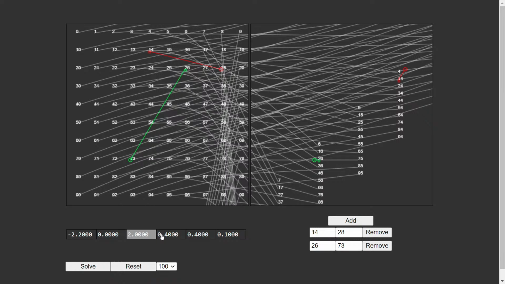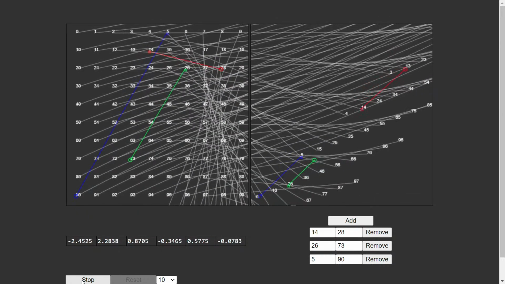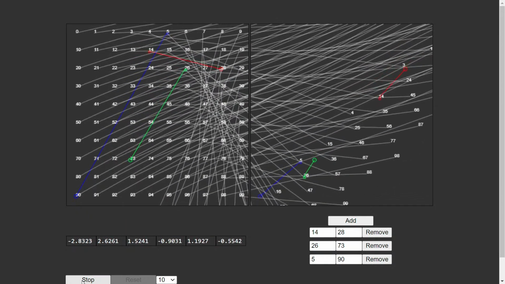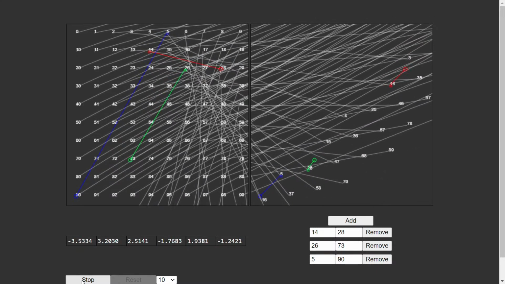Yeah, so just eyeballing this, it looks like if you say, hey, what about if 5 has to go anywhere else? Won't that mess it up? Let's say 5 has to go to 90. And solve that. Oh, it solved it.